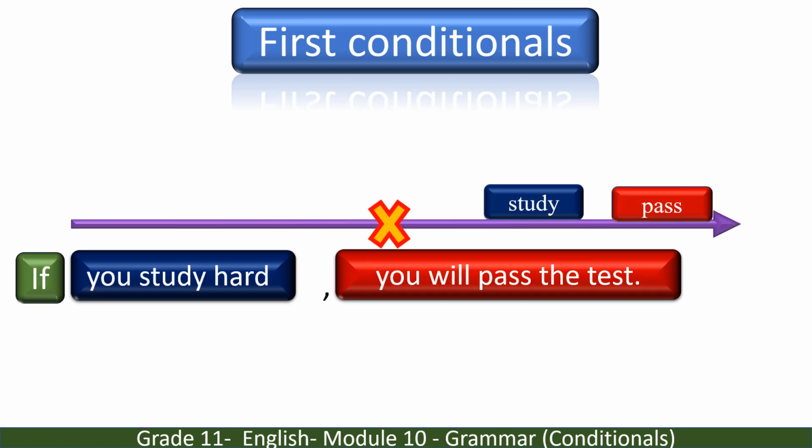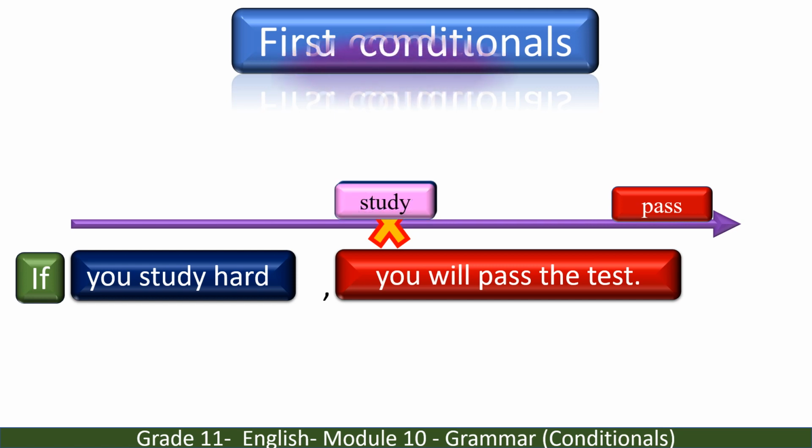In this example of first conditional sentences, we learned that when the two actions are in the future, we use first conditionals. But if the school year already started and the teacher thinks that you are not studying hard, the verb study is no longer in the future. It moves to the present. And passing the test is now unlikely or improbable. So in this case, we use second conditionals.